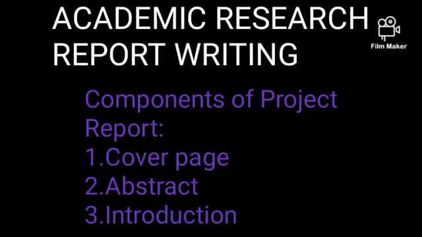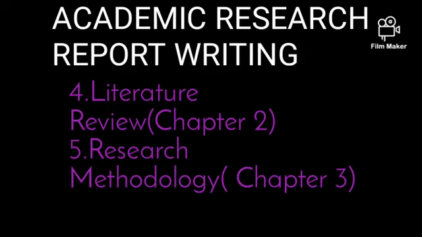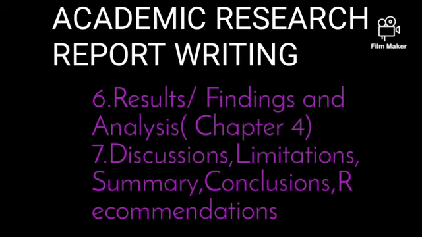And then after cover page we have the abstract, and then introduction, and then literature review, which is normally referred to as chapter number 2, whereby introduction is chapter 1. Then we have the research methodology, which is normally taken as chapter number 3. Then we have results, findings, and analysis, which is chapter 4.